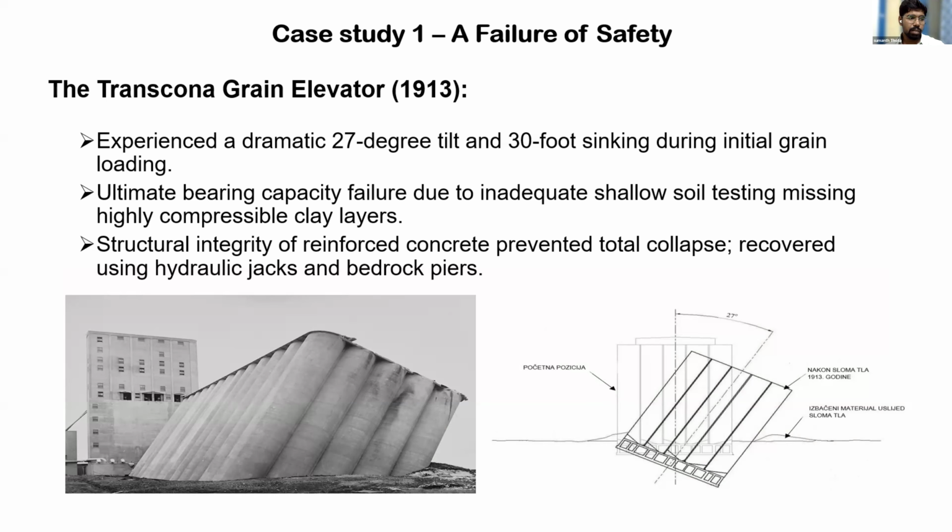This was an ultimate bearing capacity failure. Here, the engineers relied on inadequate shallow soil testing and completely missed the highly compressible clay layers resting deeper below. Fortunately, as we discussed, the structural integrity of the reinforced concrete prevented the beams from shattering. Engineers were able to recover the structure using hydraulic jacks.